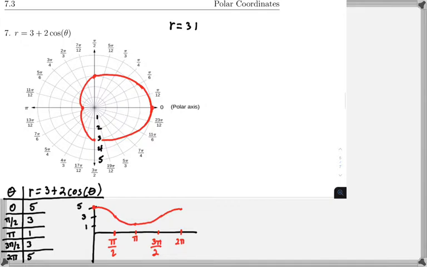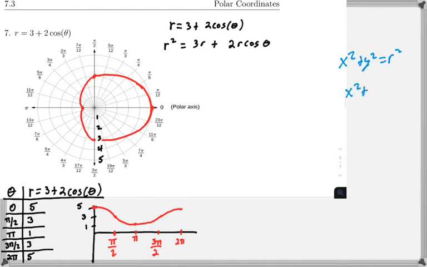Okay, now let's try to convert this into rectangular form. So r is equal to 3 plus 2 cosine theta. And if I can make it r cosine theta, then I can convert that to x. So we're going to multiply everything by r. So we have r squared is equal to 3r plus 2r cosine theta. Now x squared plus y squared is equal to r squared.